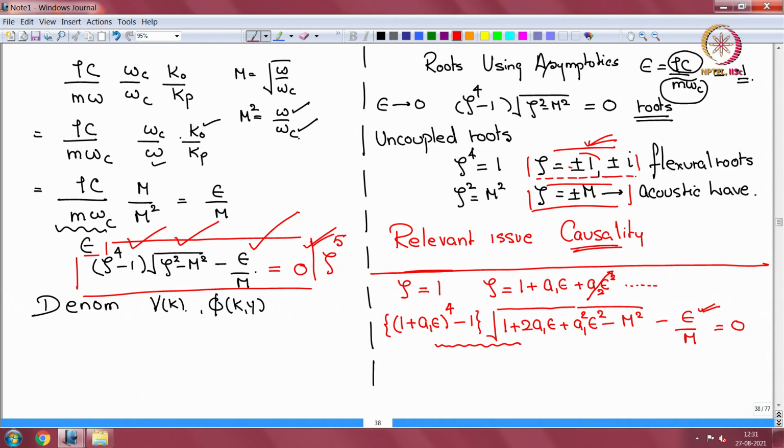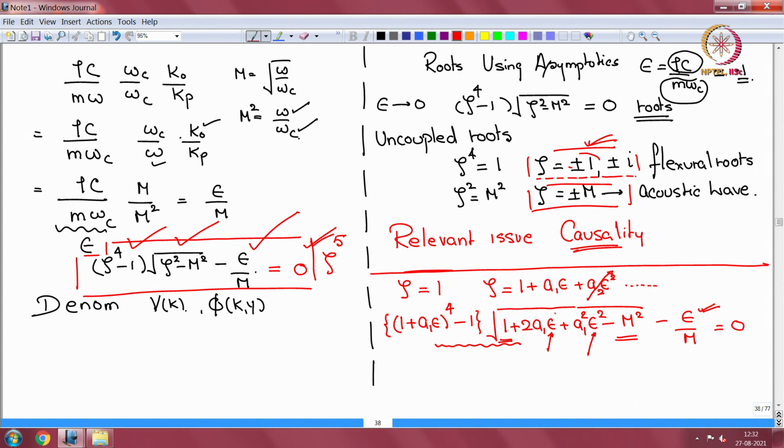In here, 1 is an order 1 term as we denote in asymptotics, that means the largest order term. Similarly, m squared is an order 1 term. 1 with epsilon is an epsilon order term. The one with epsilon squared is a further smaller, epsilon squared order term.